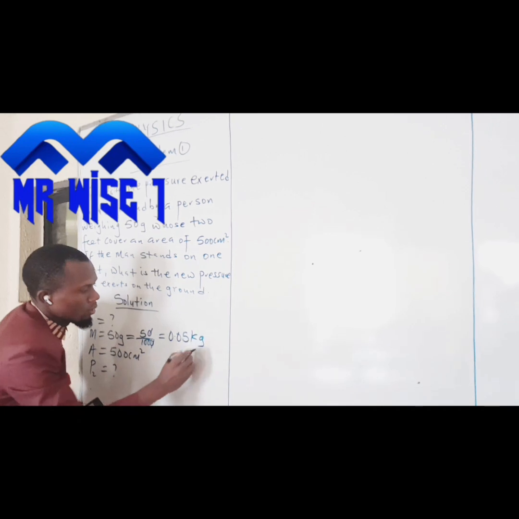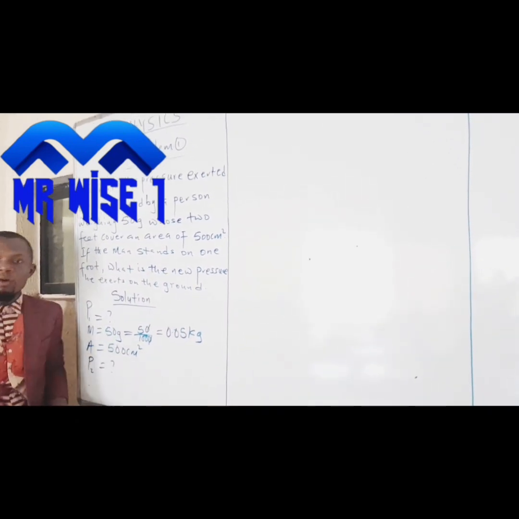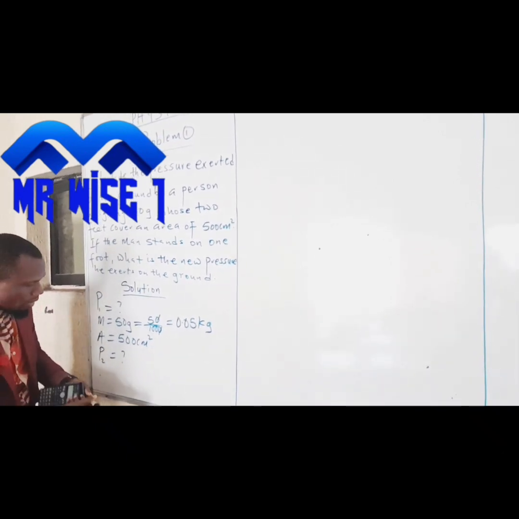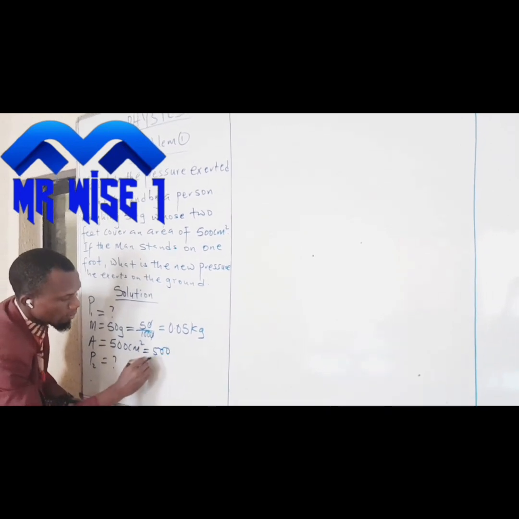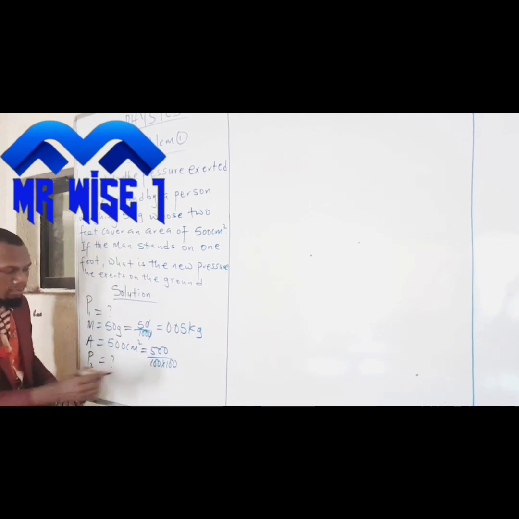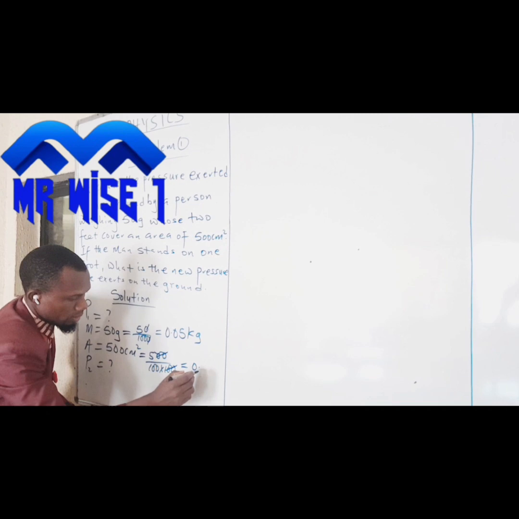I have my 0.05 kilogram. The next thing I'm going to do, I can't leave my area in centimeter square, so I'm going to change it to meter square. I'll divide my 500 by 100 times 100. This will go, this will go.